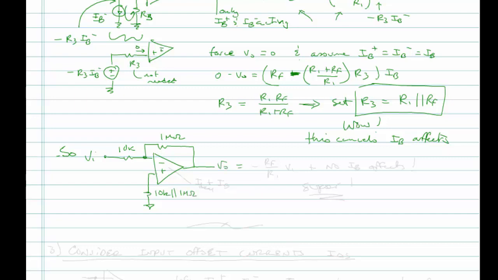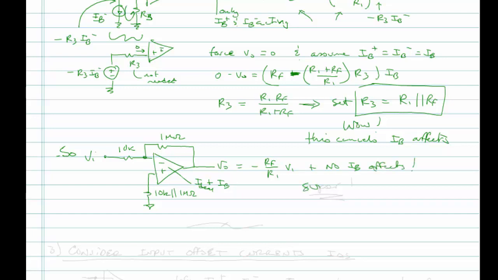And now my output is going to be back to being equal to only minus RF over R1 times VI. This right here is ideal plus IB. Nevertheless, my output will be back to the ideal minus RF over R1 times VI plus no IB effects.